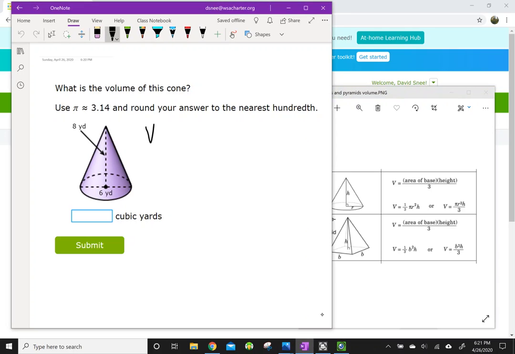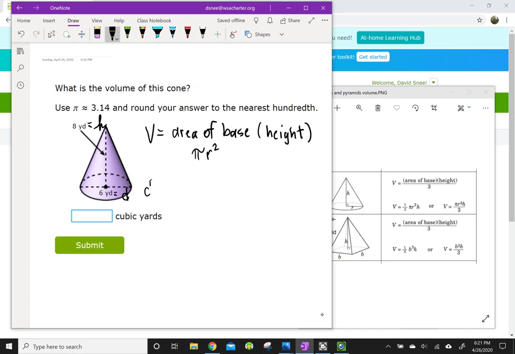So I'm going to do V equals area of base, which I know is pi r squared. So it's the area of the base times the height, which is right here. The height of that is right there. And this is actually the diameter.